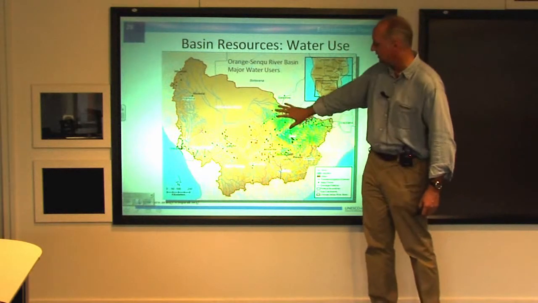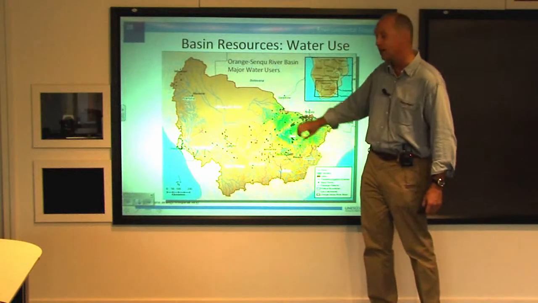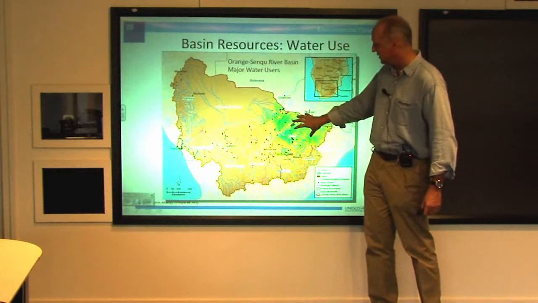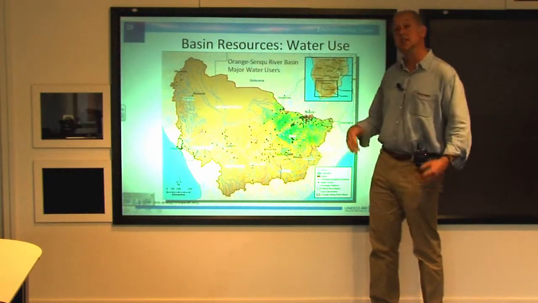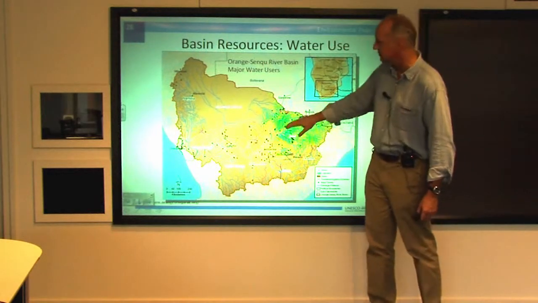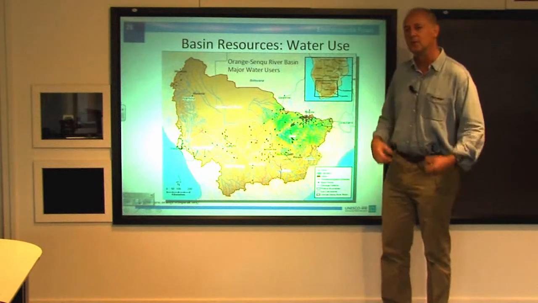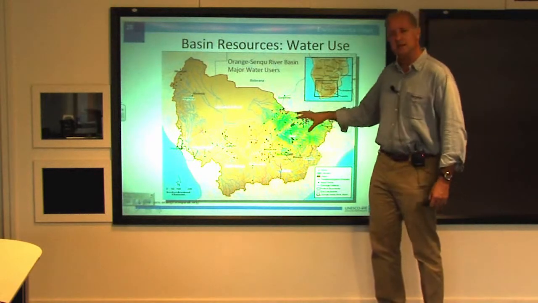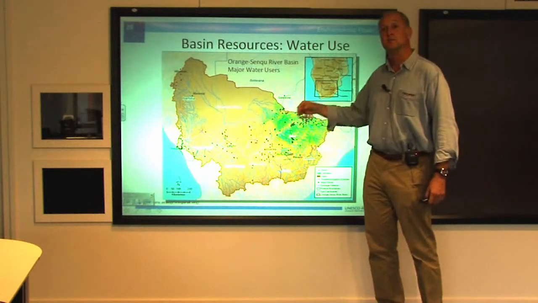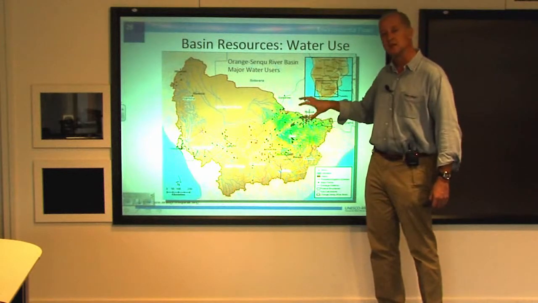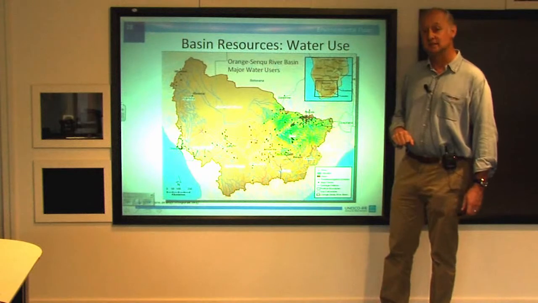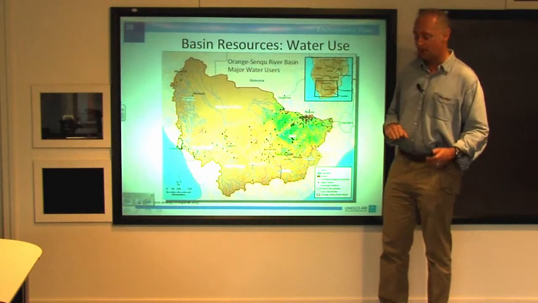We can also see the agricultural activities and how those are concentrated in this particular subcatchment, in the vicinity of the large cities, and in the area where precipitation is high. We can see also some of the urban users. So we can get a sense for the demand that can be expected in different parts of the basin by different users. And we can certainly see that the largest part of the agricultural demand is going to be in this eastern part of the basin.